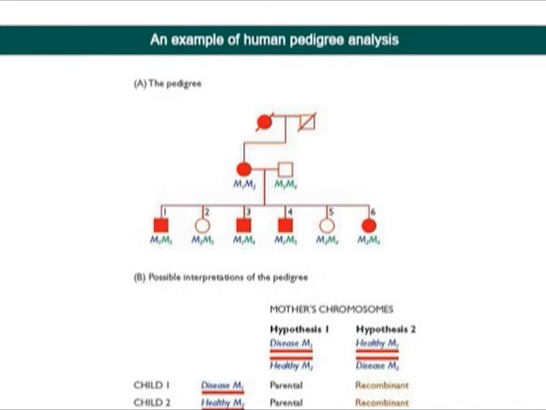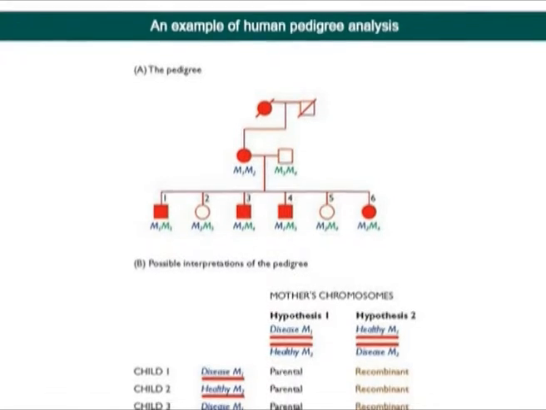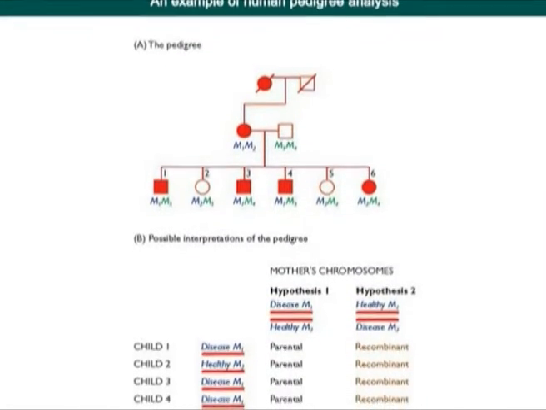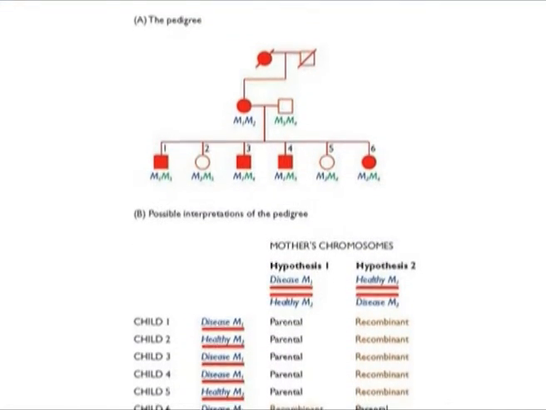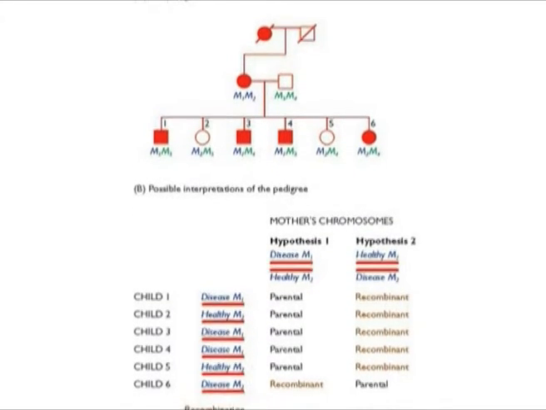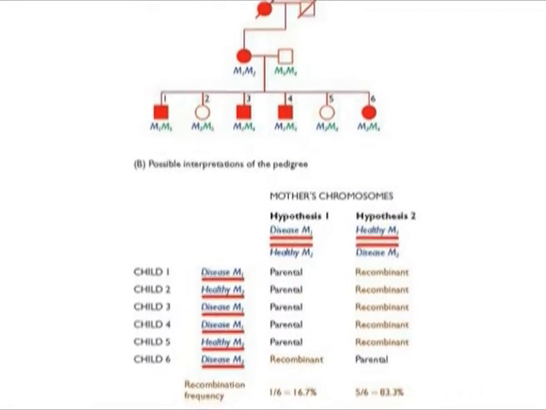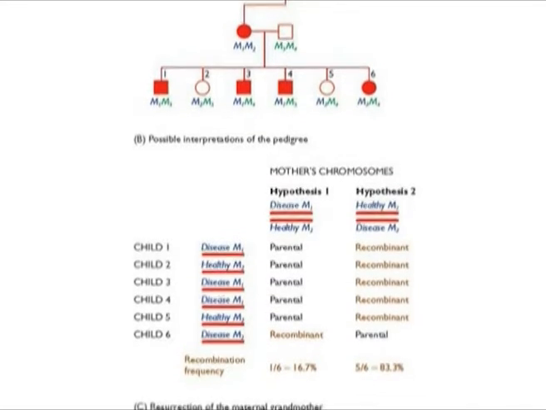The disease allele, closed symbols, is dominant over the healthy allele, open symbols. The objective is to determine the degree of linkage between the disease gene and the microsatellite M by typing the alleles for this microsatellite, M1, M2, etc., in living members of the family.